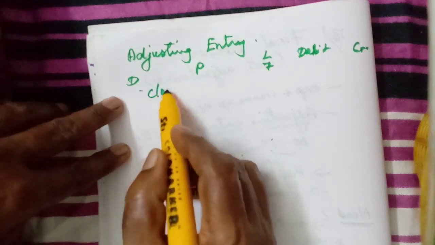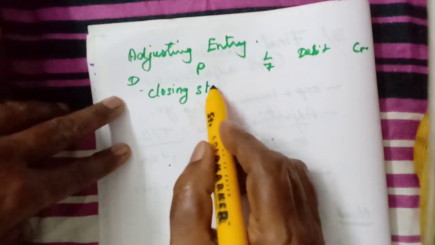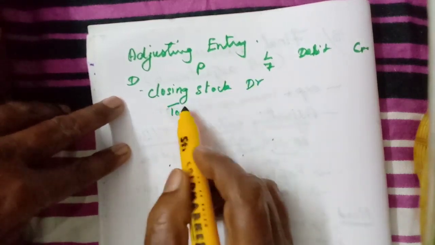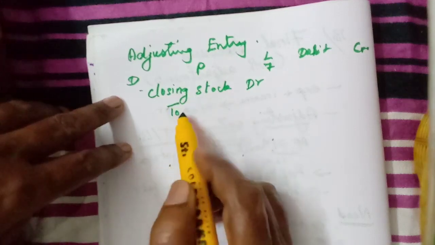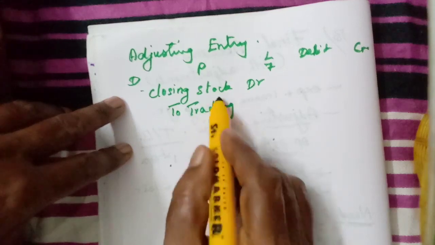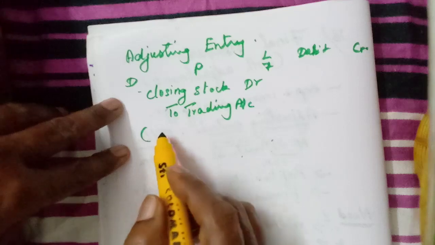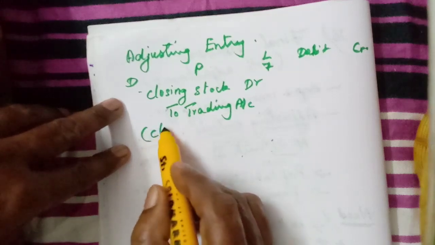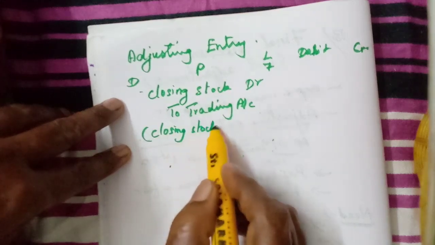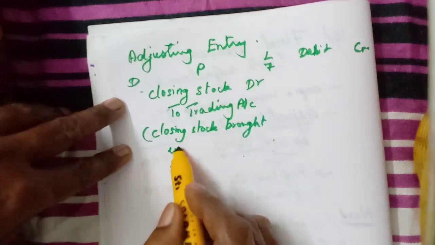Closing stock or stock in trade. Closing stock account debit, and we are going to credit this stock to the trading account. So the trading account must be credited. Then you have to write the narration: closing stock brought into account.